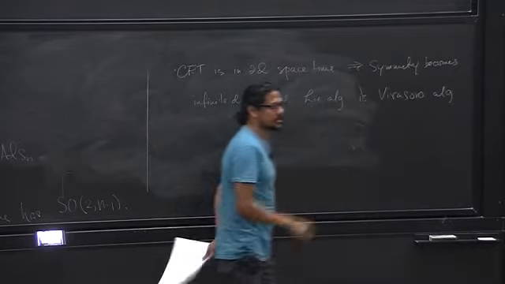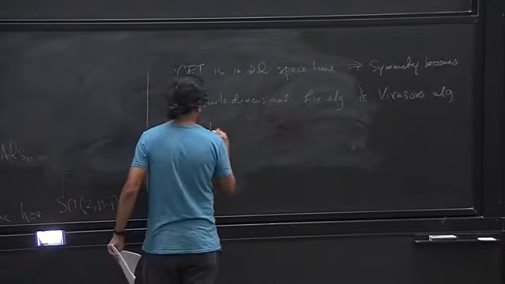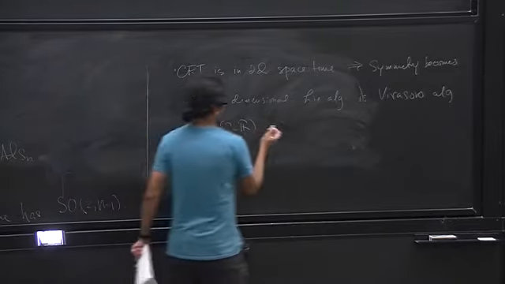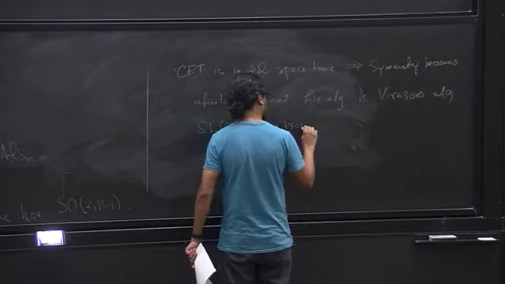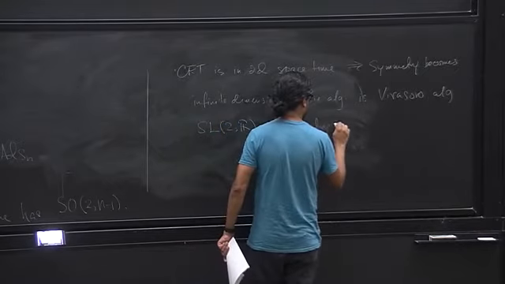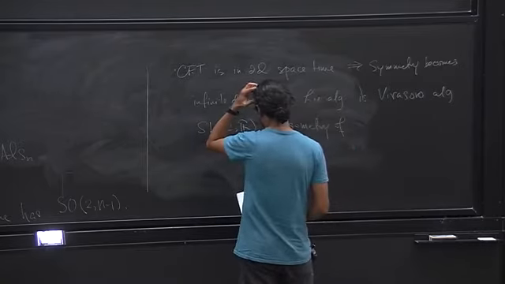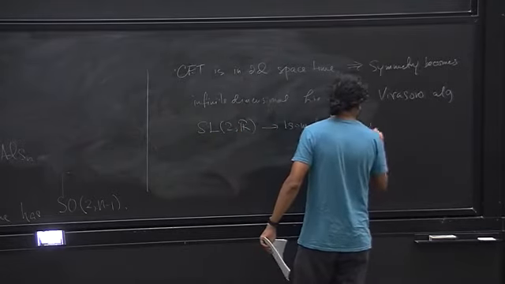And there's a subgroup of this Virasoro algebra, which is this guy. And I think in that case, it's given by SL(2,R), that is the isometry group of AdS3.